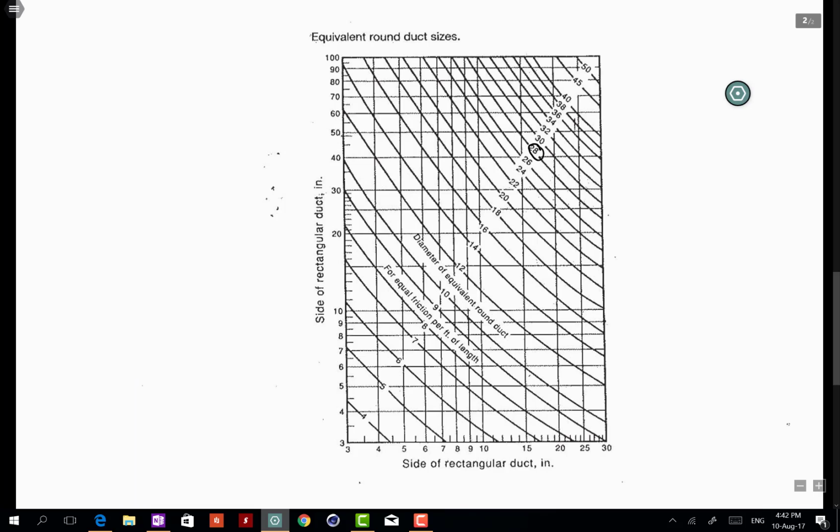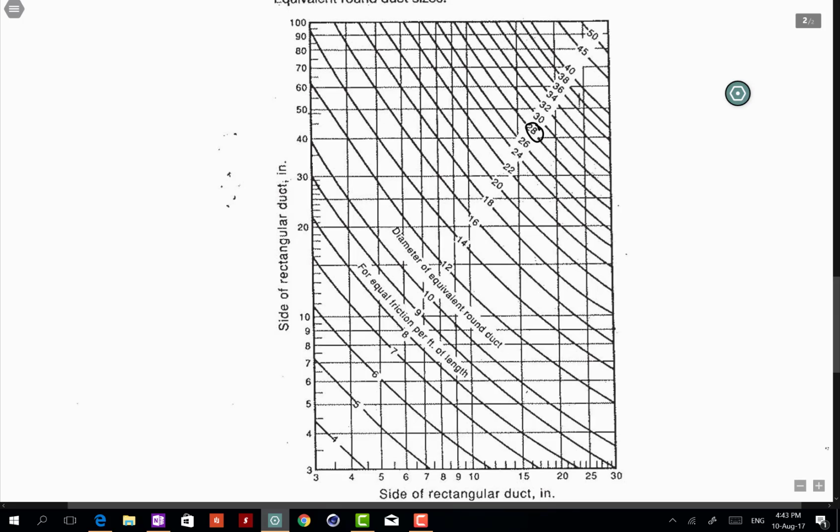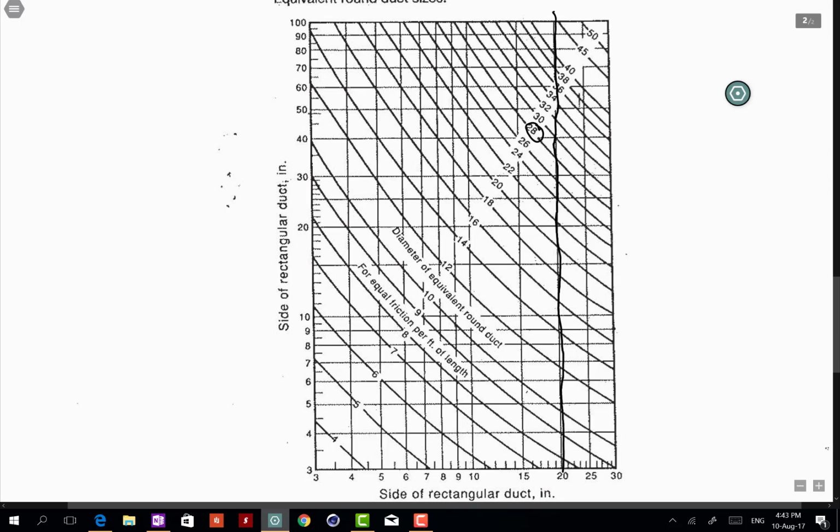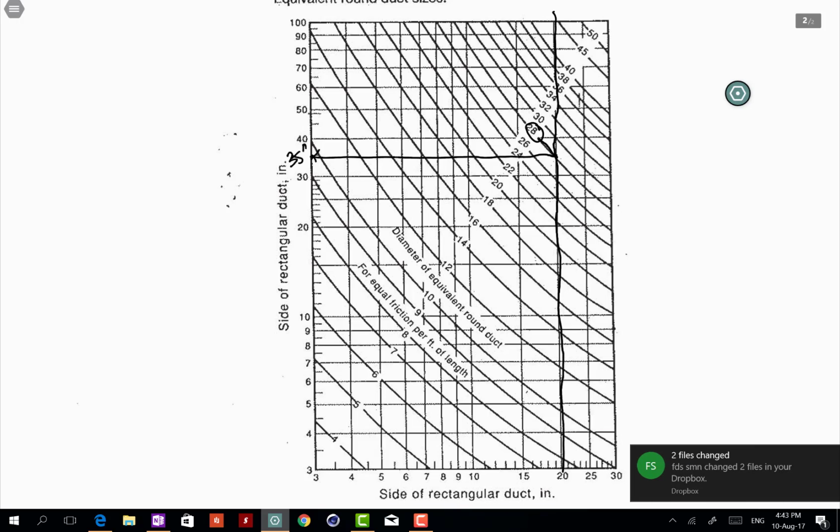Make it bigger, and you need to fix one side to be 20. So all of the sections must have 20 inch of height. So for 28 inch diameter, we need the other side to be around 25 inch. Then you need to do the rest of the sections.